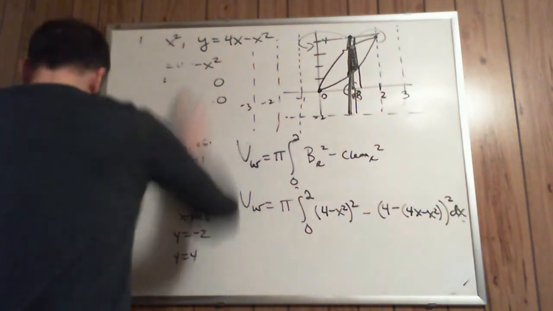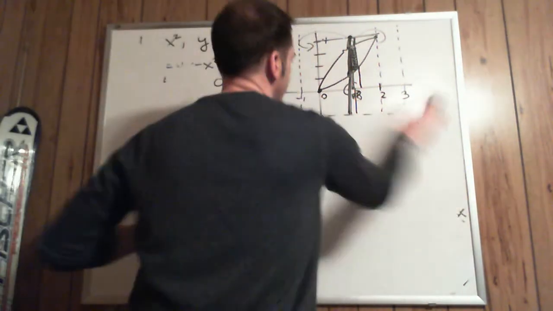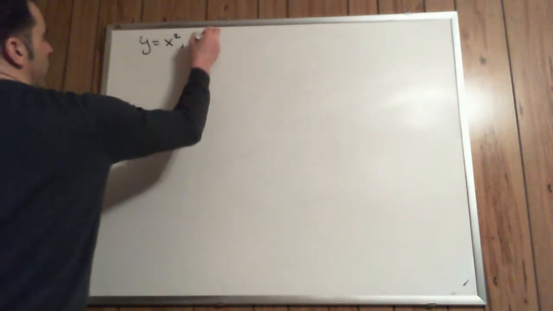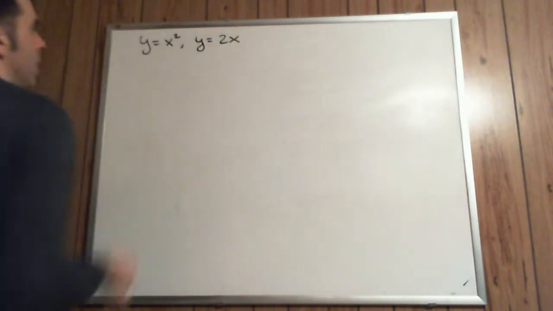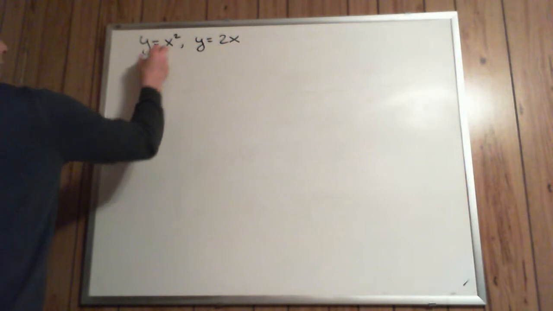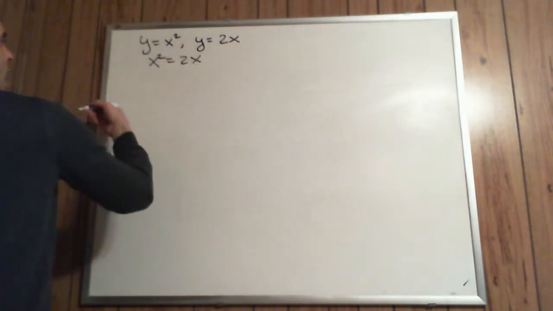Okay, so now how do we approach this in a nutshell? Suppose we have y equals x squared and y equals, say, 2x. So we set them equal. X squared equals 2x.